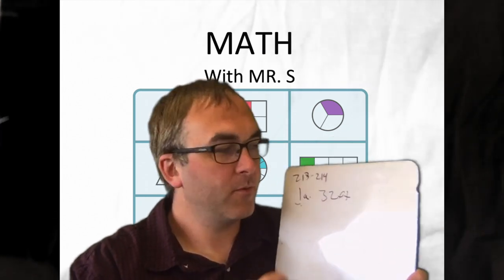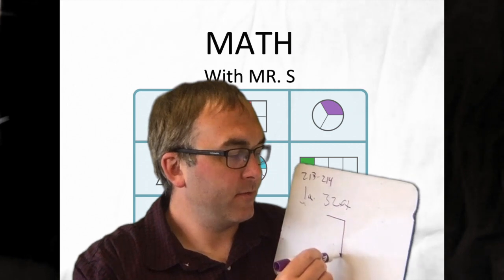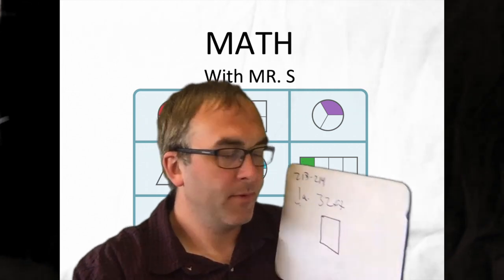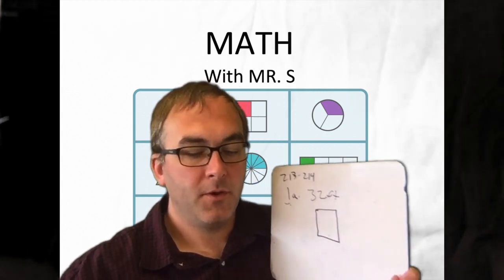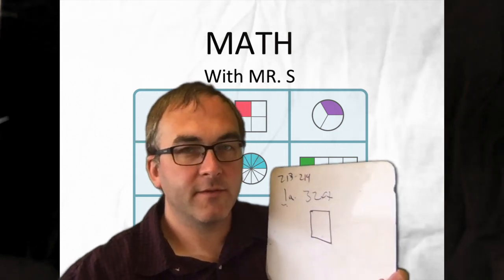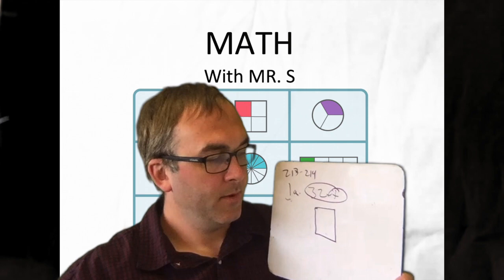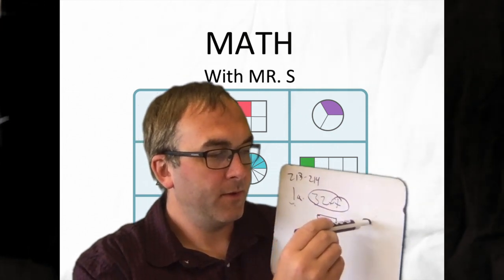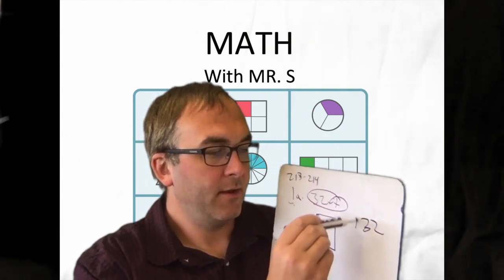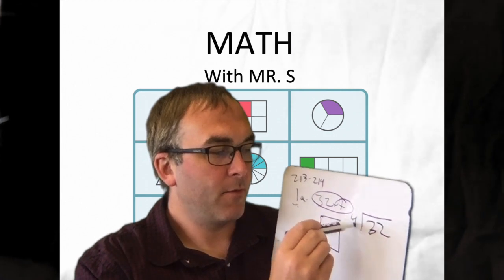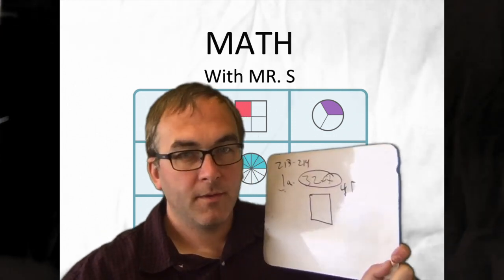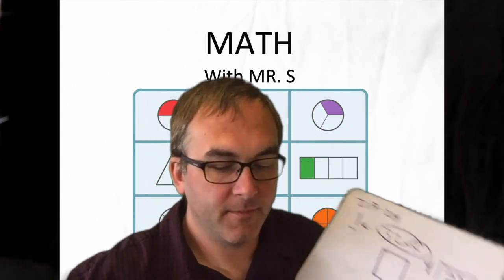We know that a square has 4 equal sides, right? So, knowing that a square has 4 equal sides, what are you going to do to this number? You're going to take it and divide it by 4. And that'll give you the answer.